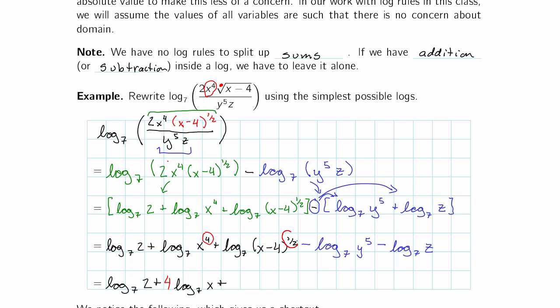Exponent 1/2 gets pulled out front, so we'll have 1/2 log of x minus 4. Exponent 5 comes out front, so we'll have minus 5 log of y. And then no exponent here, so log of z stays exactly the way it is.